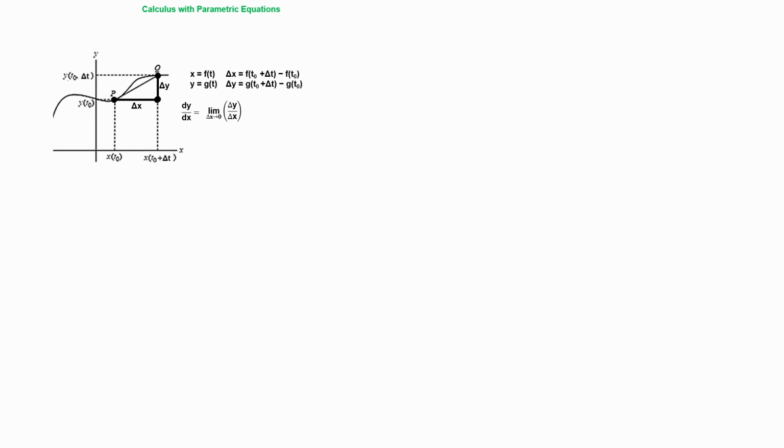Since small changes in x correspond to small changes in t, then delta x approaches 0 implies that delta t approaches 0 as well. We can divide the numerator and denominator by delta t and rewrite the derivative as follows.